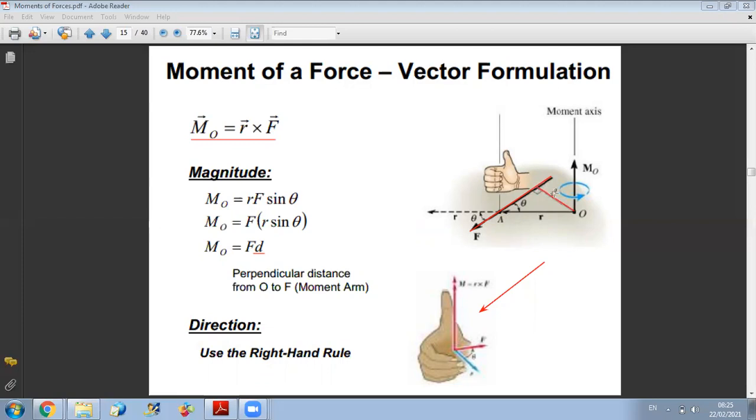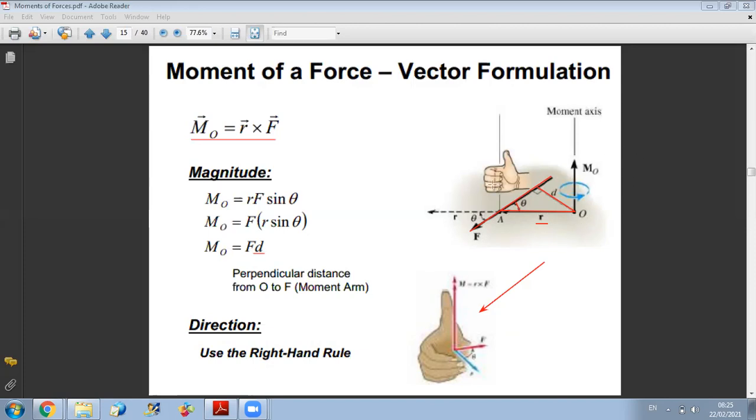This distance d is calculated from r sine theta, and theta represents the angle between OA and the line of action of the force F. Okay? So in magnitude, MO is R times F times sine theta, where R sine theta is the perpendicular distance from O to F. And concerning the direction, from the right-hand rule, I can find that it is pointing up.